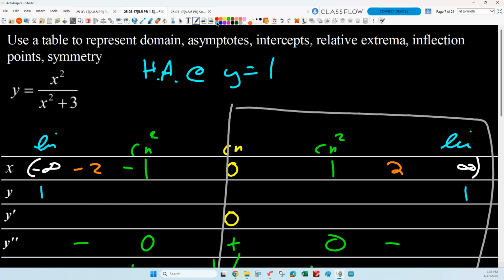So if we wanted to graph this thing just to verify, okay.